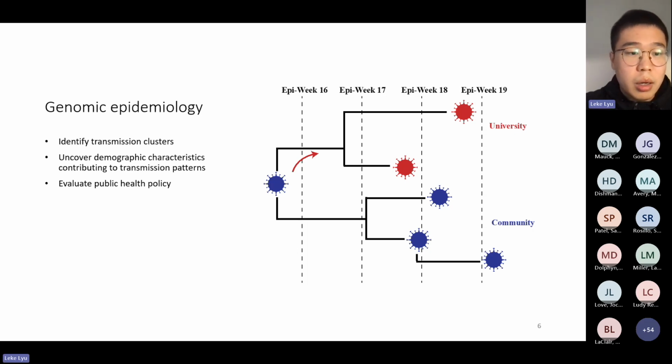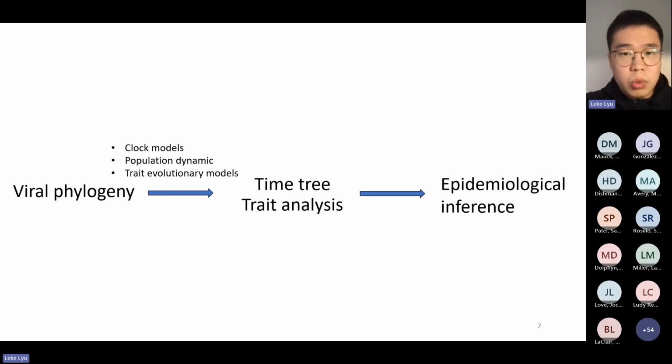Genomic epidemiology can also help us identify transmission clusters and uncover demographic characteristics contributing to transmission patterns, and also help us evaluate public health policy. So in general, we have this well-developed framework of molecular epi analysis. We have a viral phylogeny, and we can infer a time tree.